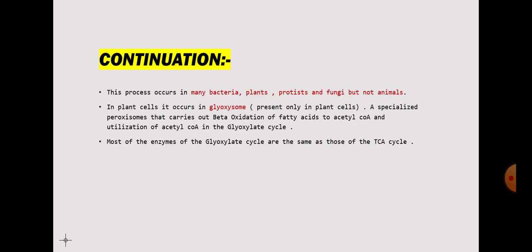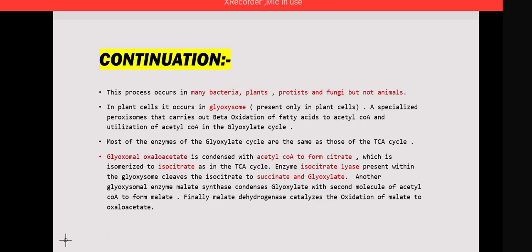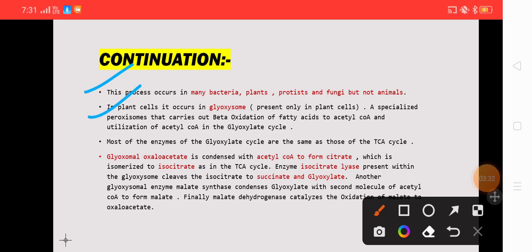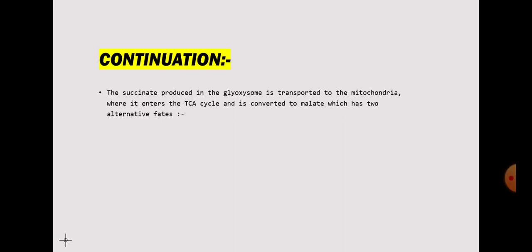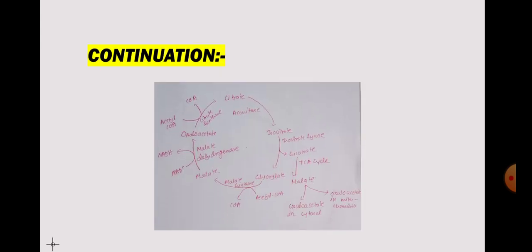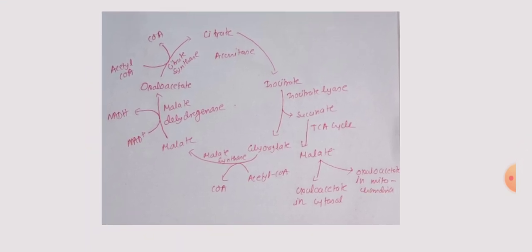So if you have already studied the TCA cycle, then understanding the glyoxylate cycle will be very easy for you. The first two points we have already discussed, and the third point we have just discussed, right? Now we will move directly to the diagram to understand what is going on. Here I will use this diagram.